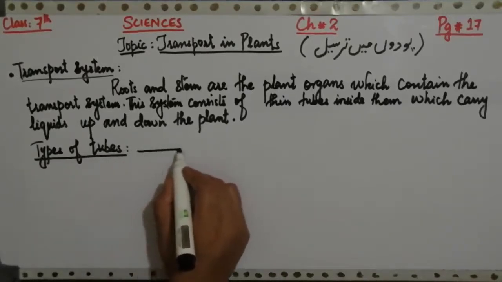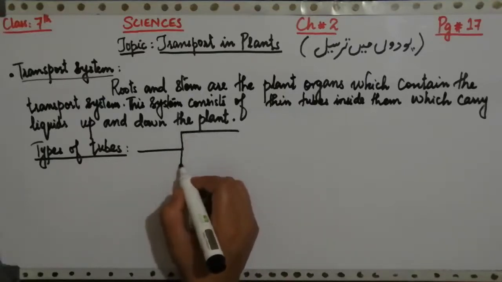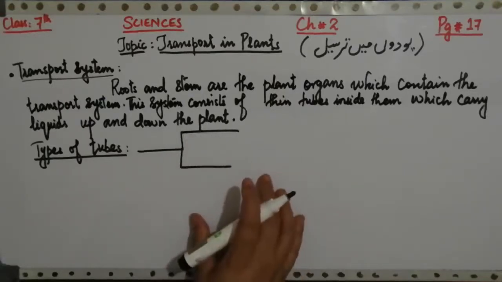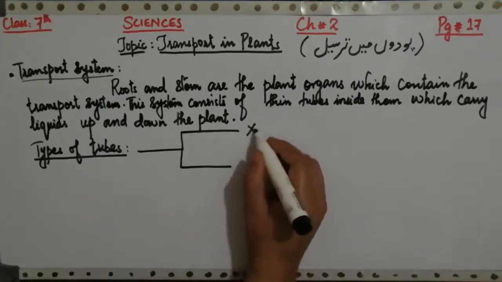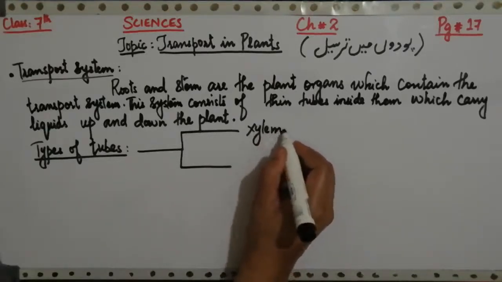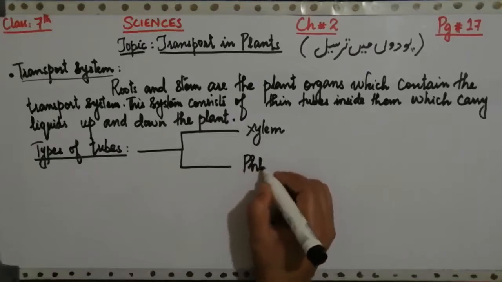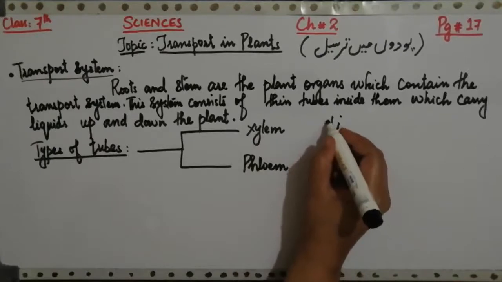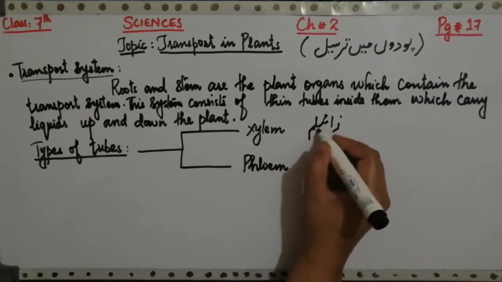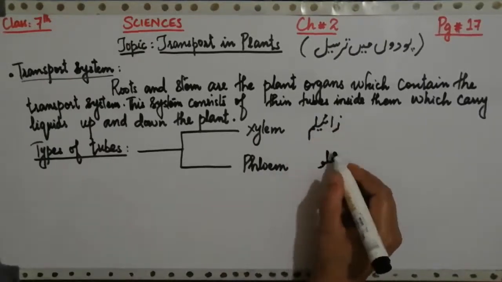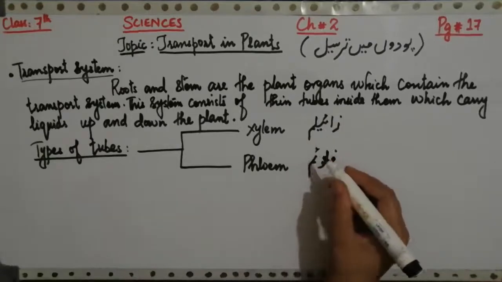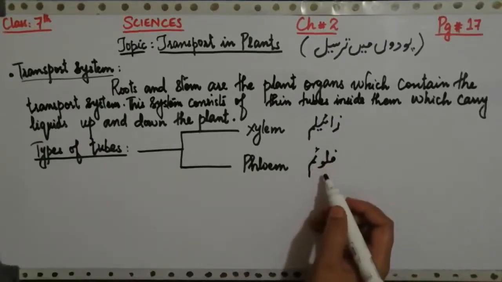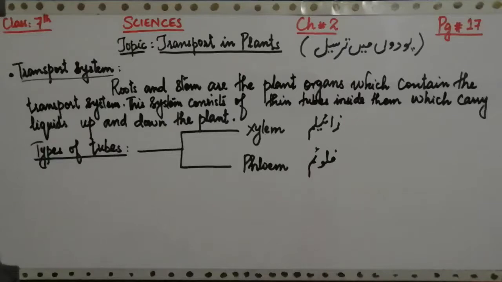There are two types of thin tubes present in transport system. Number 1, xylem. Number 2, phloem. So I am writing in Urdu as well, xylem and phloem. Clear?